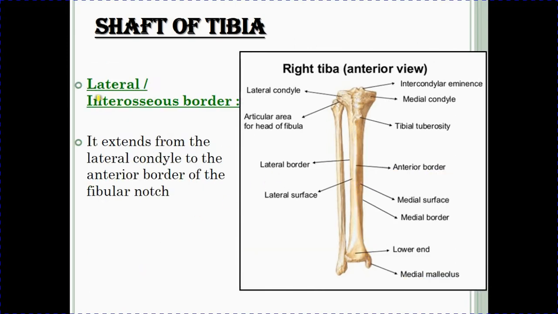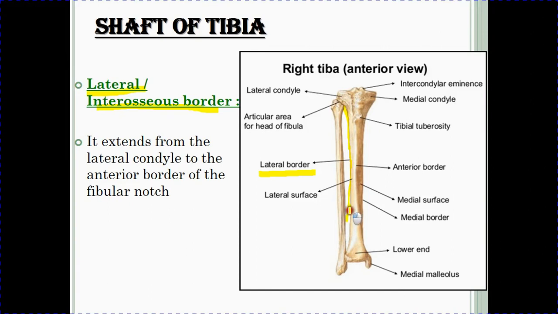The second border is the lateral border, also called the interosseous border. Now we are going to trace the lateral border. It is also called the interosseous border because the interosseous membrane is attached over here. This border extends from the lateral condyle down up to the anterior border of the fibular notch.